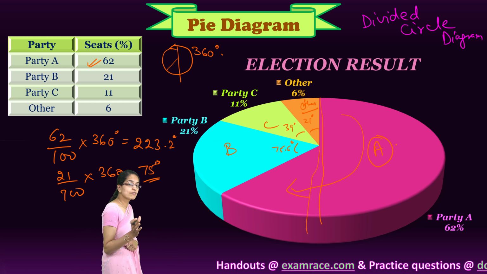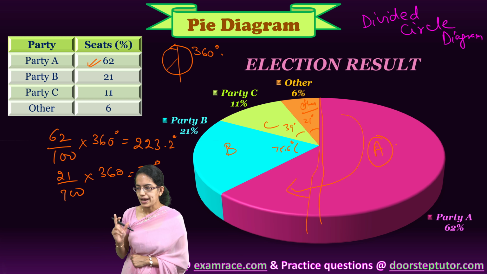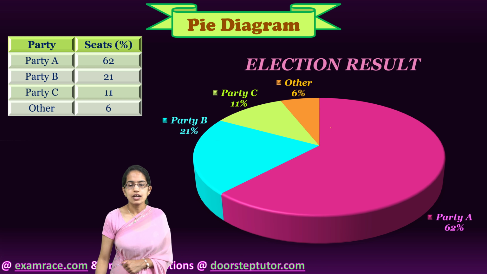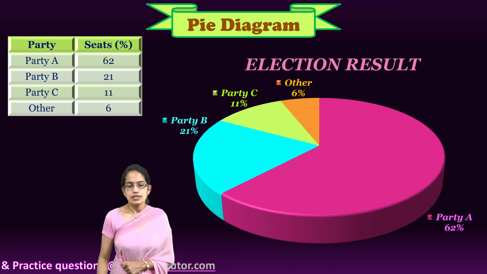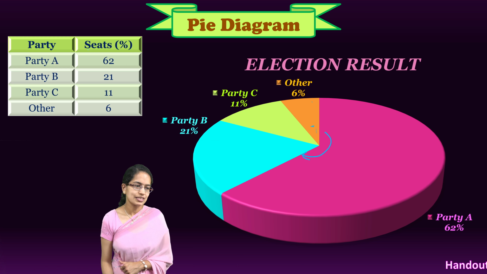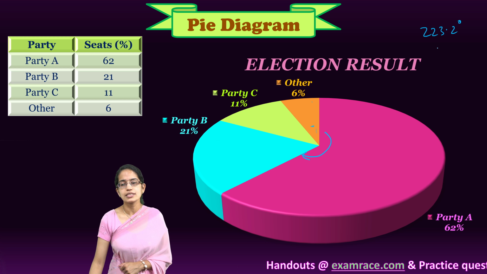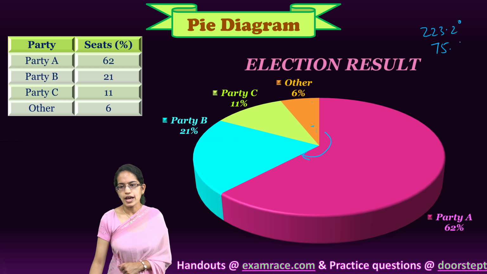Usually whenever we are representing a pie diagram, what is very important is that we do not start with a bigger angle. The reason being, if I start with a bigger angle and move towards the smaller angle, there would be a lot of error. As in this case, there is 223.2 degrees and then you would have 75.6 degrees.